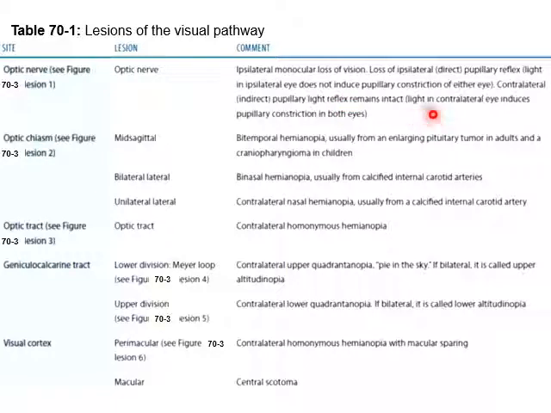So the light in the contralateral eye induces pupillary constriction in both eyes. So that's called the indirect pupillary light reflex.